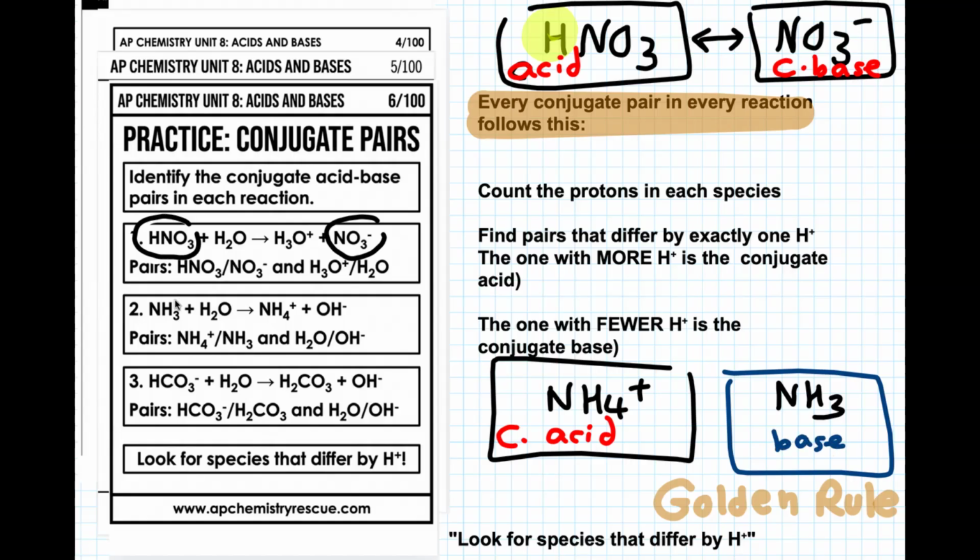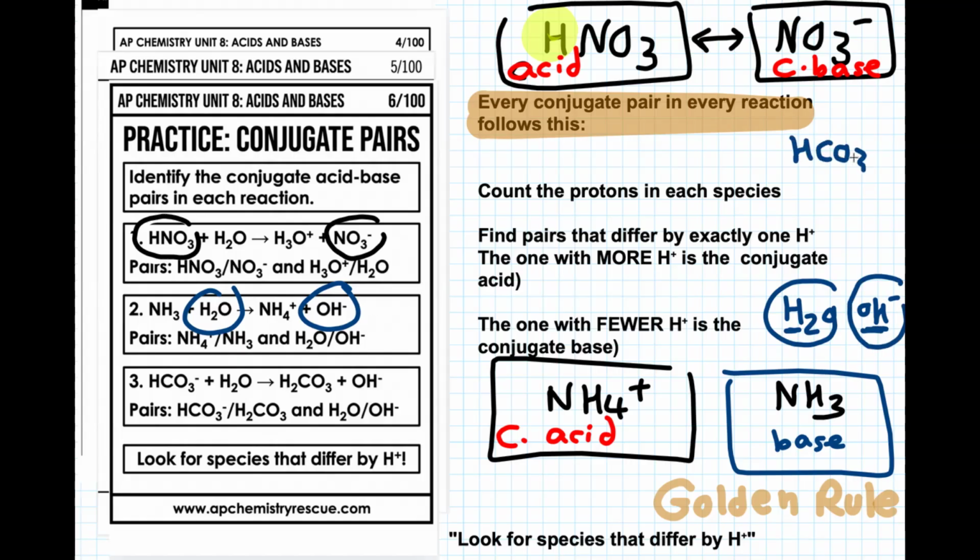Same thing here, H2O and OH minus differ only in H. The one that has an H plus extra is the acid, and OH minus is the conjugate base, with less protons. HCO₃ minus and H₂CO₃: the one that has an extra proton is the acid, and the one that has less protons is a base.